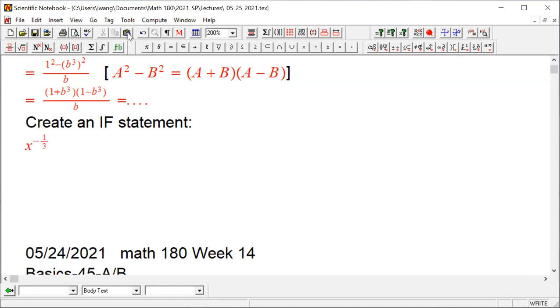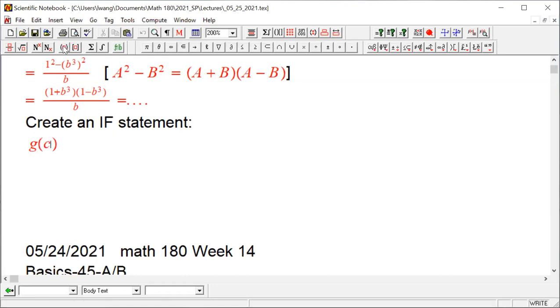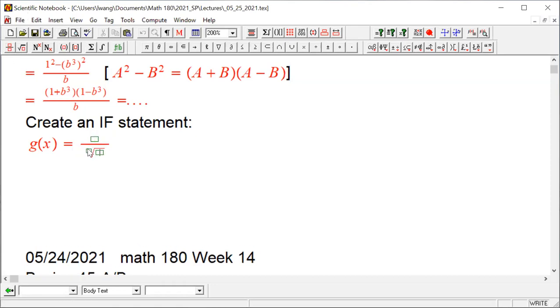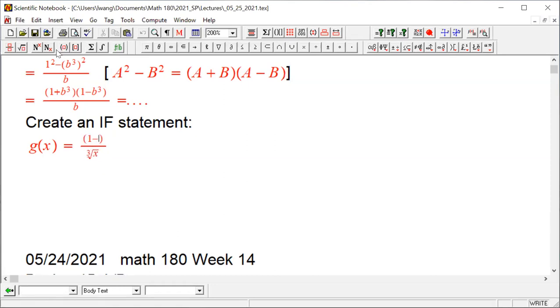We know g is a function, and that function, whichever form you like, right? If you like this form, which I believe most of you do, I could be wrong, okay?